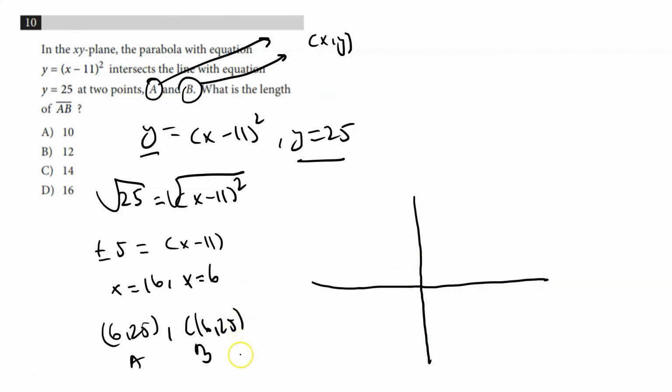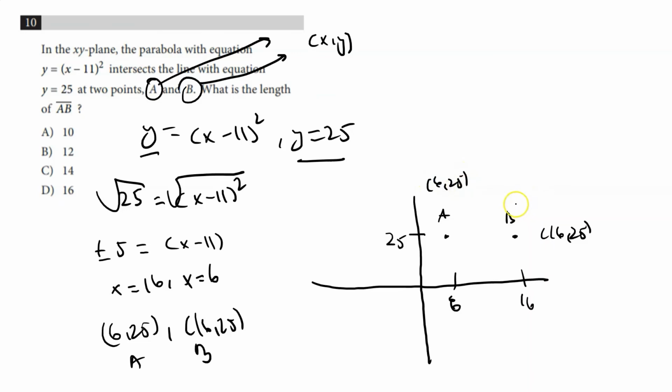See if we need to use the Pythagorean theorem for the distance equation, or what exactly we need to do. So let's say this is x equals 6, this is x equals 16, this is y equals 25, so that means this (6, 25) is point A, and this is point B at (16, 25).